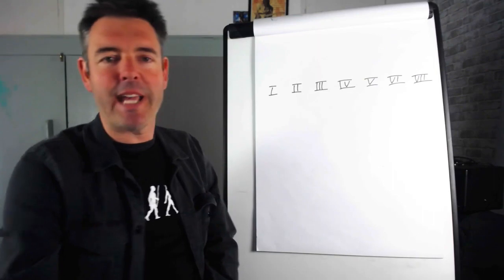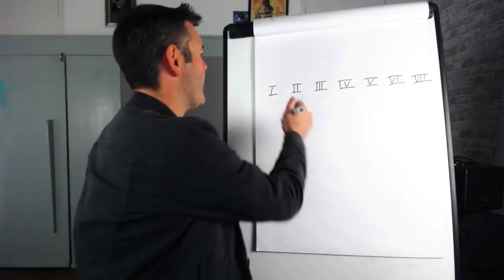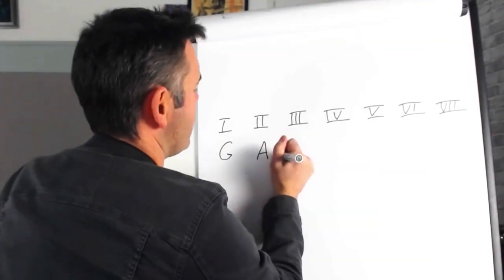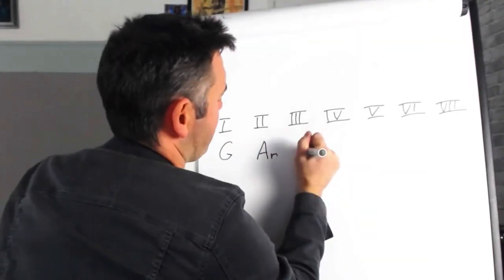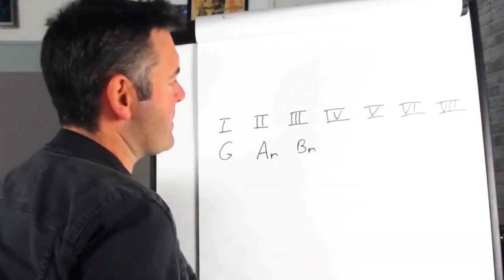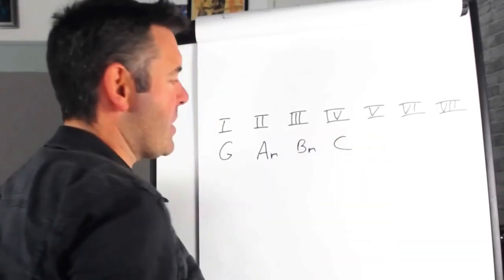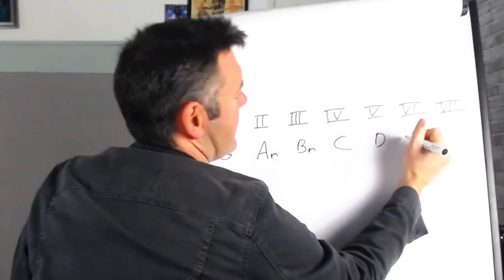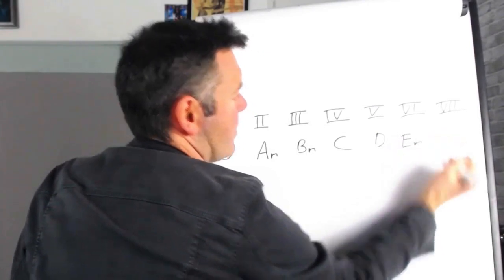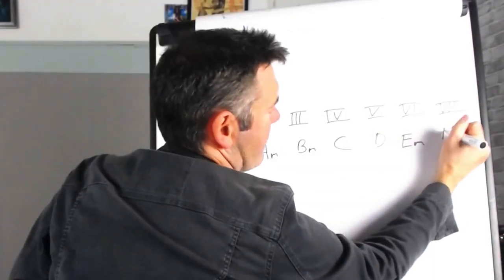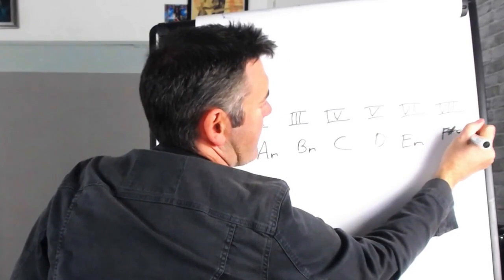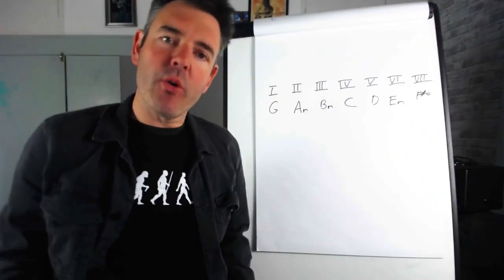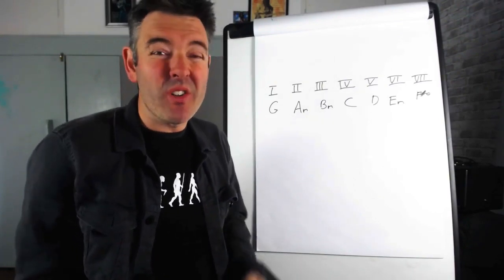So let's start by writing out our chords in the key of G. G was our 1 chord, A minor was our 2 chord, B minor was our 3 chord, C major was our 4 chord, D was our 5 chord, E minor was our 6th chord, and F sharp diminished was our 7th chord.